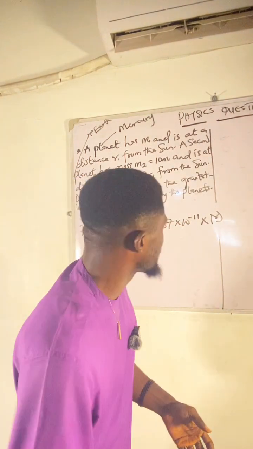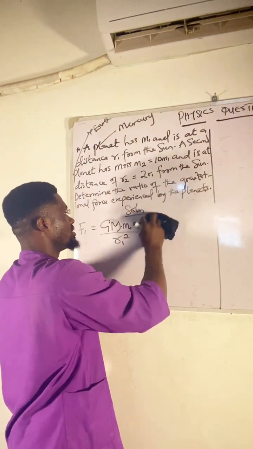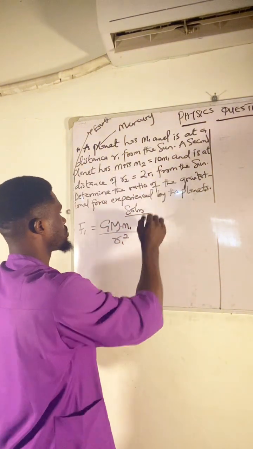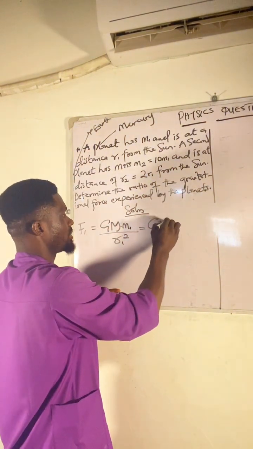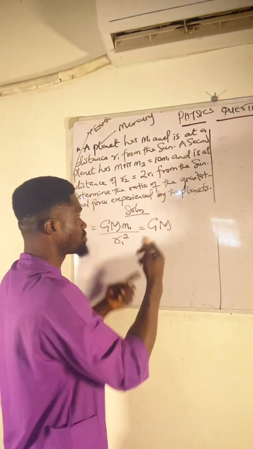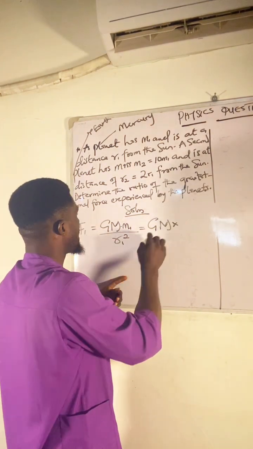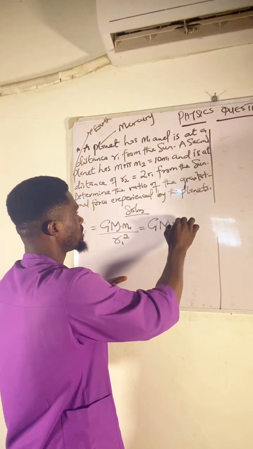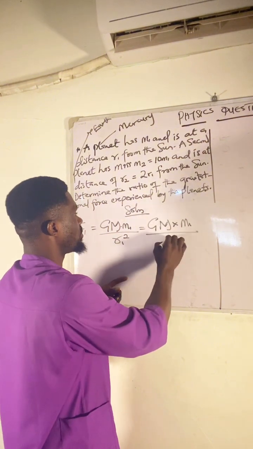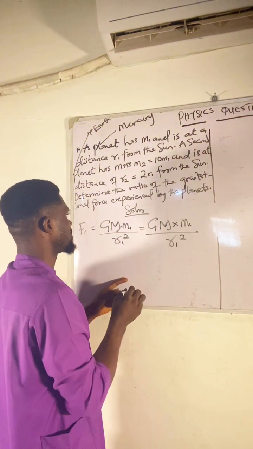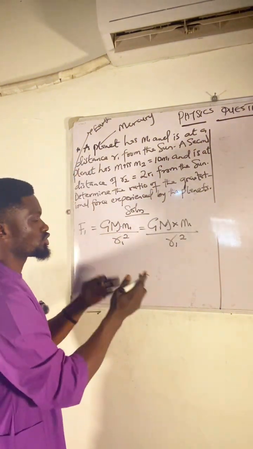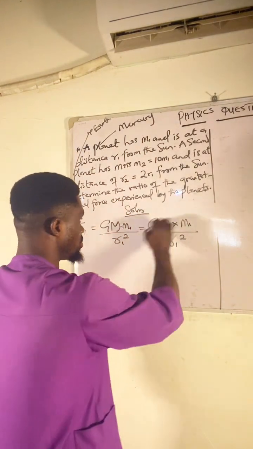Let's not even start putting in the values of these parameters. G is a constant, the mass of the sun is also a constant for both planets, times M1, which is for Mercury, all over R1 squared. So this is what we have. I wanted to start inputting the values, but there's no need because they're going to cancel each other.